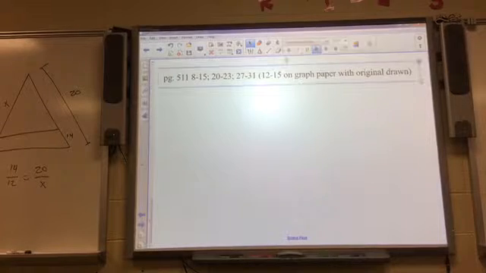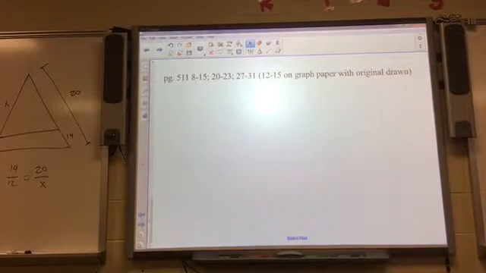And there's our assignment for tomorrow. Pay close attention to this, please. You have 4 graphs, so please use the smaller sheets of graph paper. Just use 2 of them. Also, I had some confusion. Do you draw the original? Yes. With the original drawn. Draw the original diagram, please.